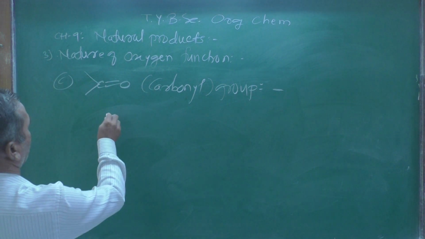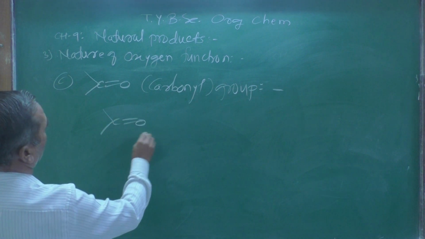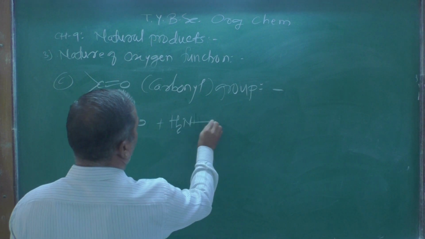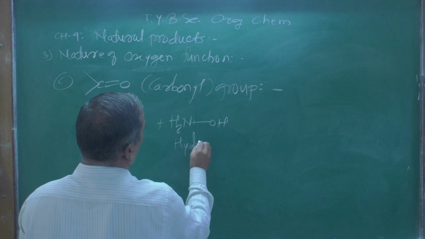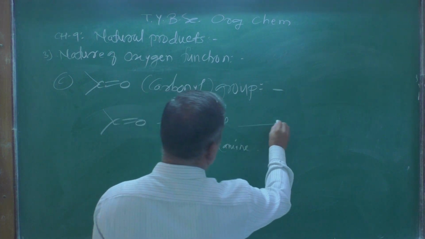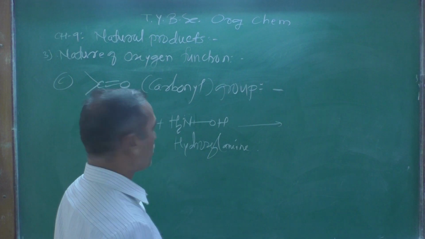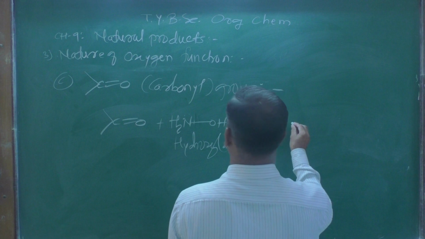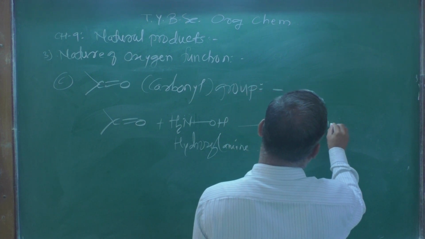First, suppose there is a general formula of this carbonyl group when it is reacted with H2N ammonia derivatives. This is known as hydroxylamine. Hydroxylamine is very reactive toward the carbonyl group, and the product formed will be this one, with a carbon-nitrogen double bond and OH.